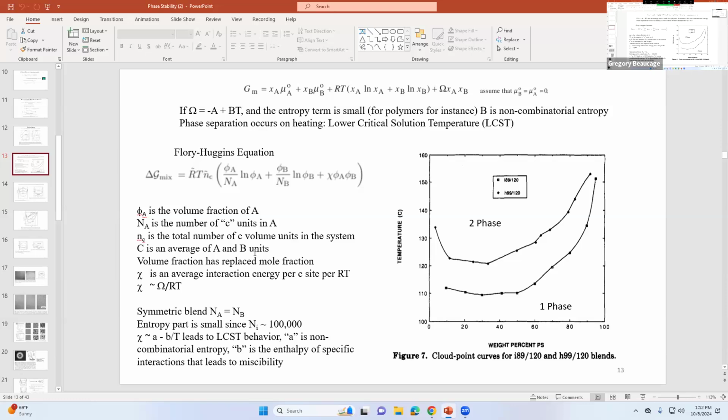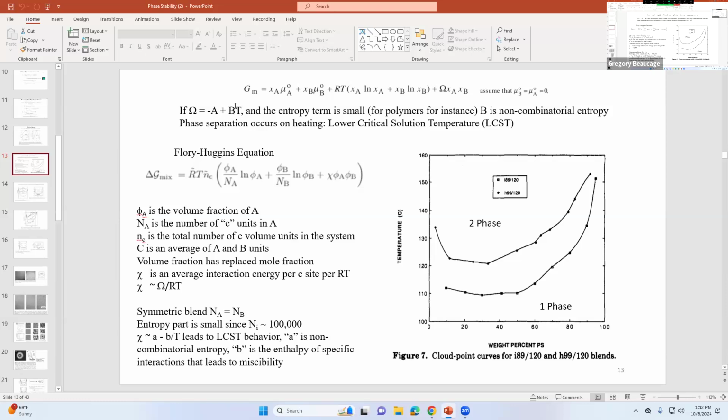So basically there's some kind of ordering that happens in the system that drives the phase separation, so that you lose entropy because the system orders. It's not the combinatorial entropy, it's a non-combinatorial entropy. It has to do with the ordering of the components. So you end up with a more complicated interaction parameter. It's got a plus and a minus term. This term goes to almost zero. And basically it's a balance between these two.